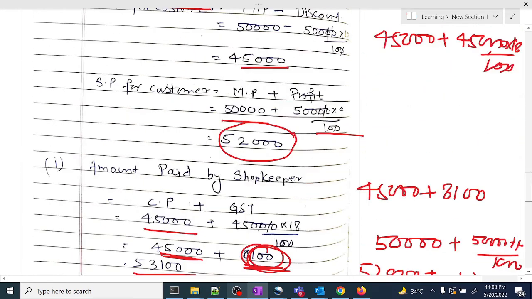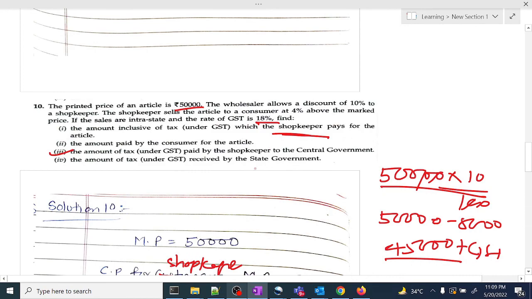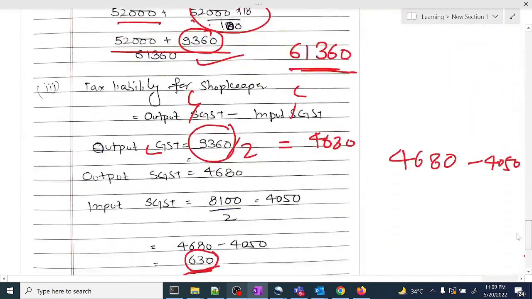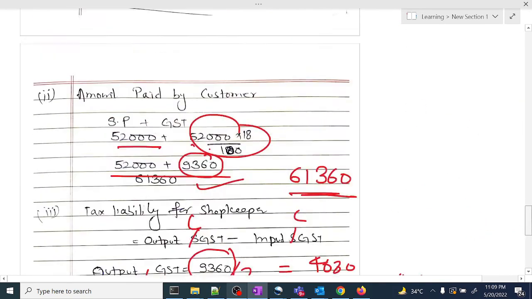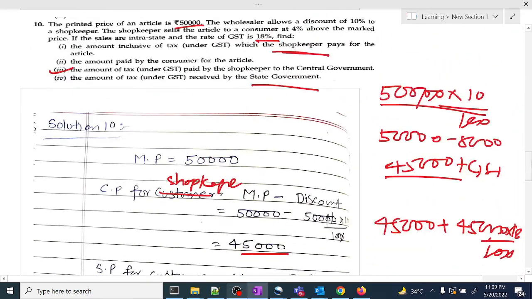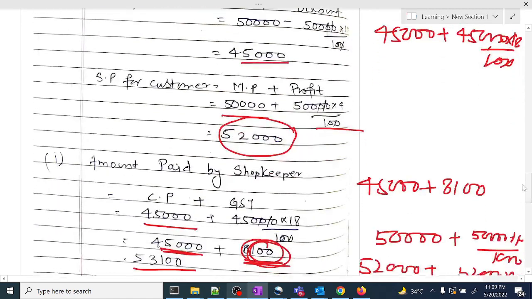Then if you come to point number 4, the amount of GST received by the state government, it would be the same amount, 4,680, right? So if you see here, the amount received by the state government as a whole, right?